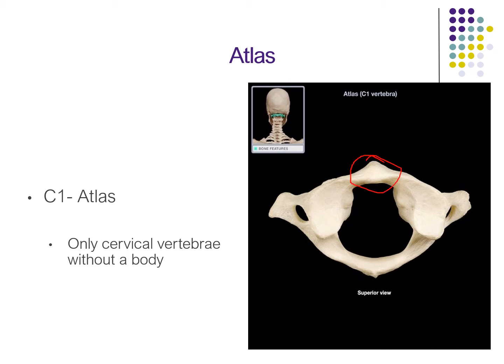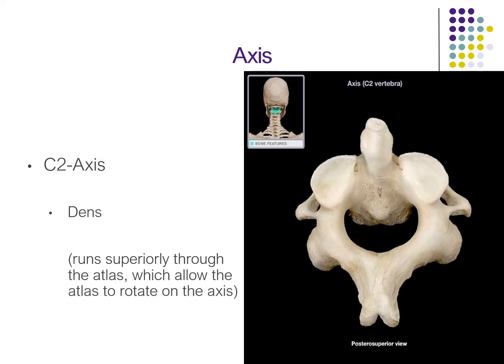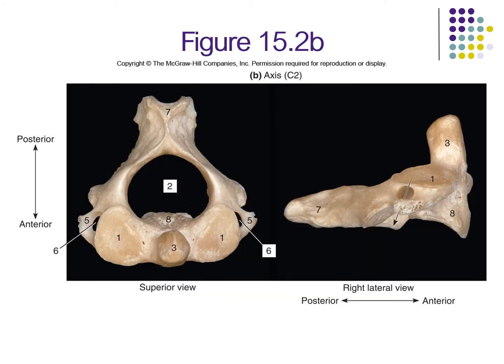The body would typically be right about there. The axis, on the other hand, has this beautiful little portion, the dens, which is where it connects. And if you put the atlas on it, right here is where it connects, so it can turn.